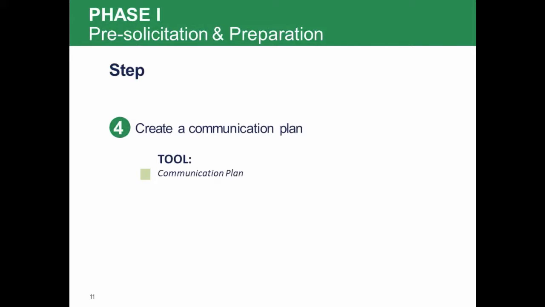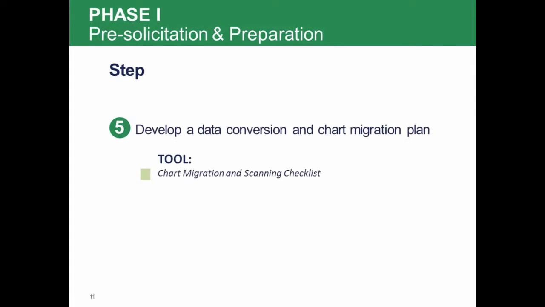This includes your other vendors, patients, caregivers, and the community in which you practice. The communication tool includes a sample table and communication plan to assist in outlining the key messages, defining the target audience, the timing and delivery mechanism for each message. The tool helps to develop and adapt a communication plan that is tailored for your organization.